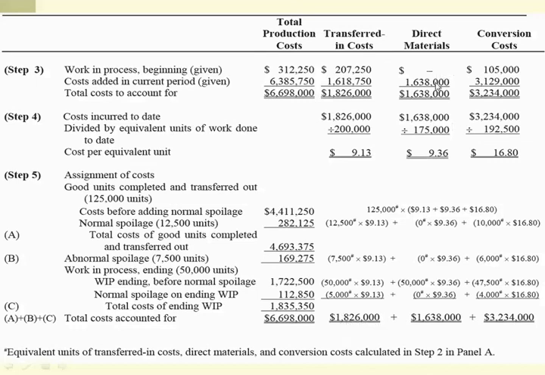Total costs for direct materials equals 1,638,000. Total costs for conversion costs equals 3,234,000, which equals all costs we needed to account for, matching total costs accounted for in all items and for the total production costs.